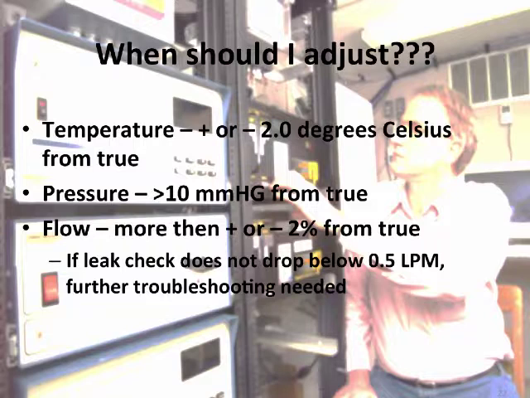And also, when you perform your leak check, if the flow rate doesn't drop below 0.5 liters per minute, that typically tells you further troubleshooting is needed. It's also important to note that when you're doing these calibrations with your Delta Cal, make sure that it's acclimated to the temperature of where you're performing that calibration.